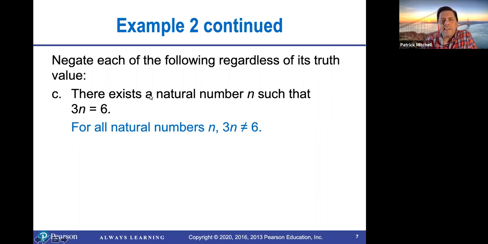So there exists an n such that 3n equals 6. The opposite of that is for all n, 3n does not equal 6. So change the existential to universal and change the statement to its opposite, all right?